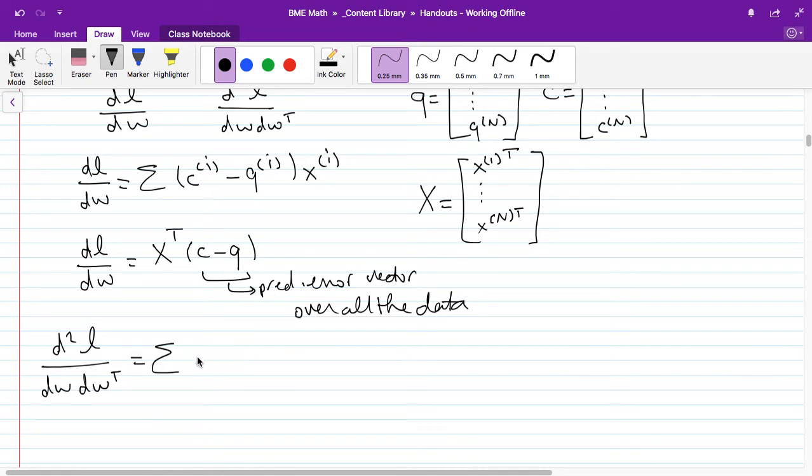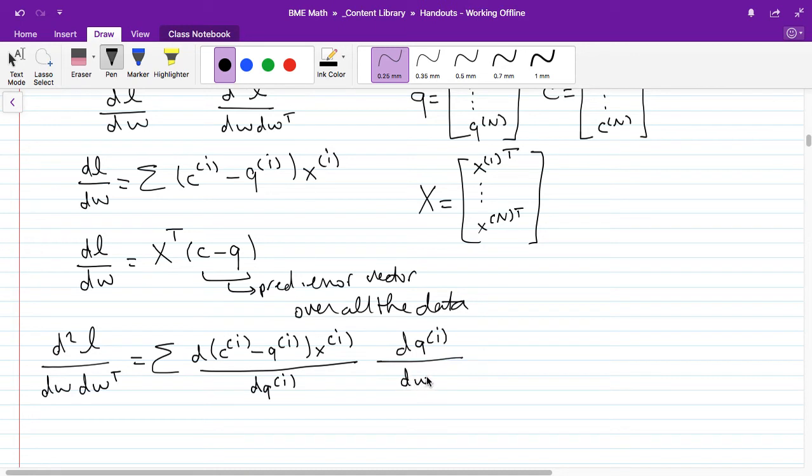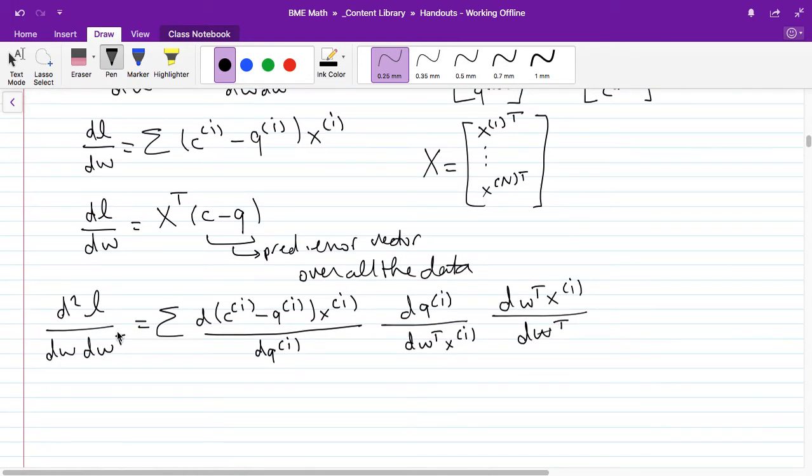So that's the sum of the derivative of this function with respect to qi, then the derivative of qi with respect to w transpose xi, then the derivative of w transpose xi with respect to w transpose. That'll give us the second derivative.